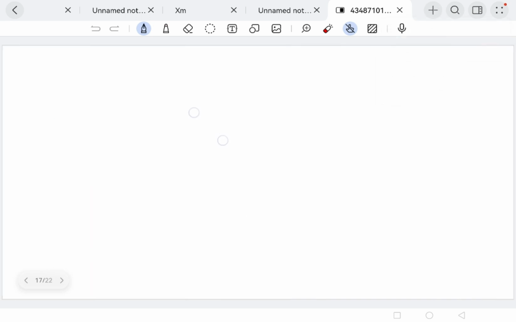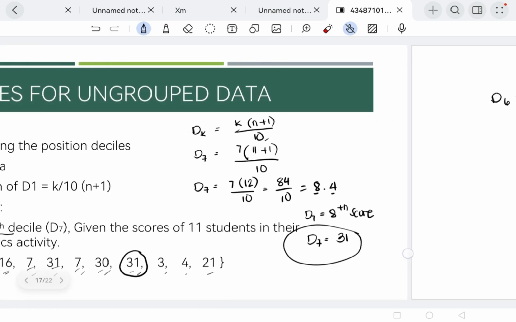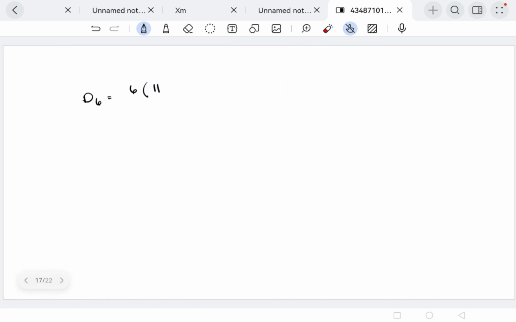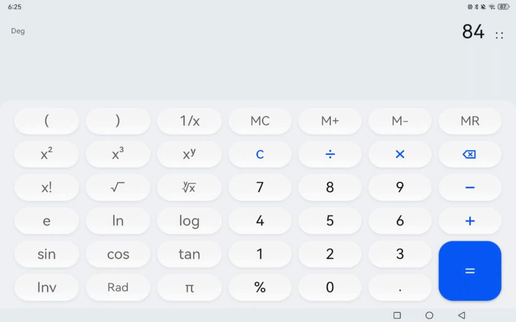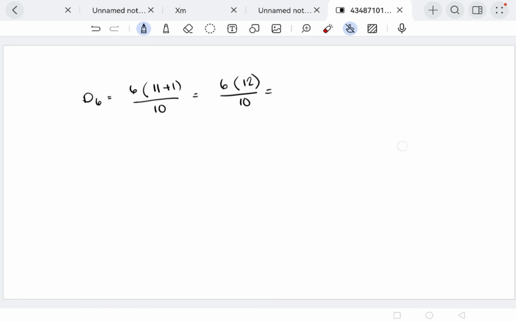Next, for example, we will find decile 6. So our k is 6 times our n, which is 11, plus 1, divided by 10. So that is 6 times 11 plus 1, that is 12, divided by 10. So 6 times 12 is 72, divided by 10, that is 7.2.